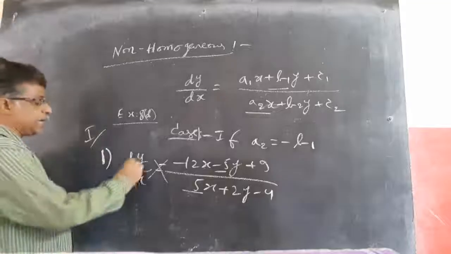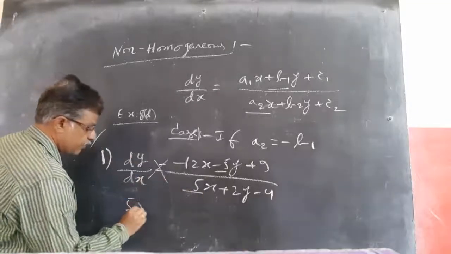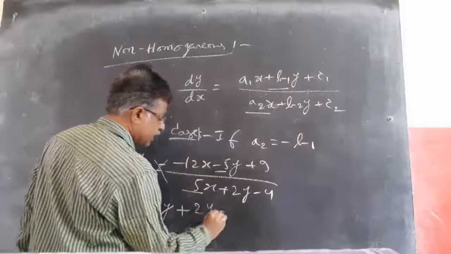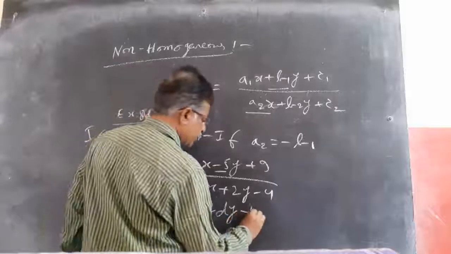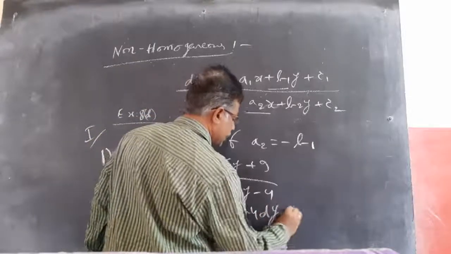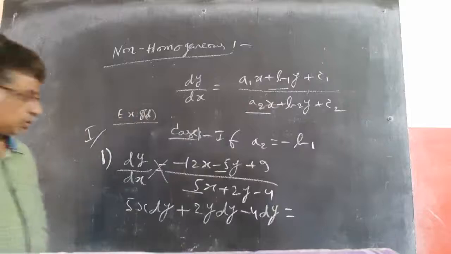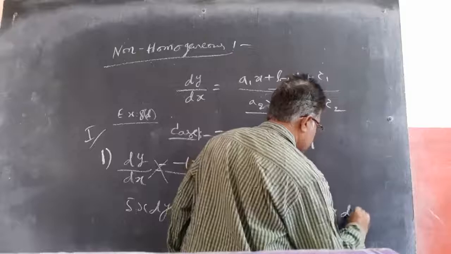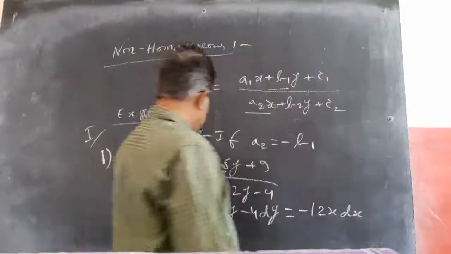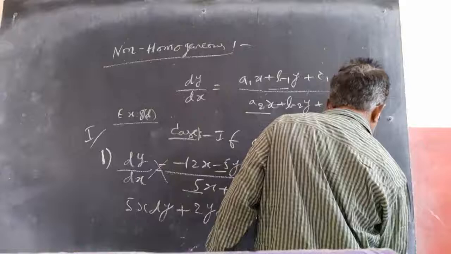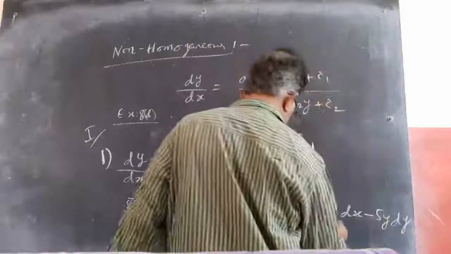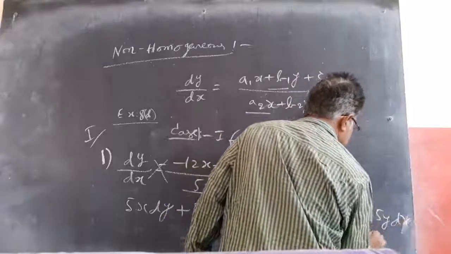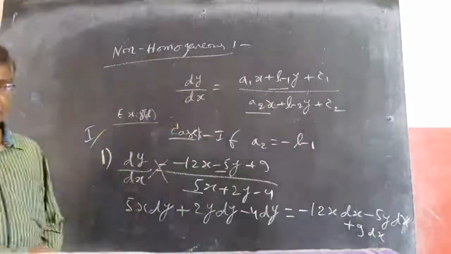So by cross multiplying, this becomes 5x dy plus 2y dy minus 4 dy equal to this side minus 12x dx minus 5y dx plus 9 dx.